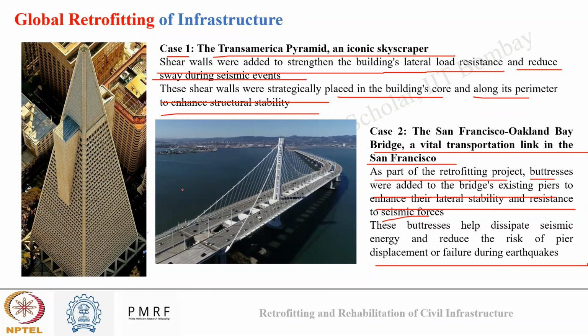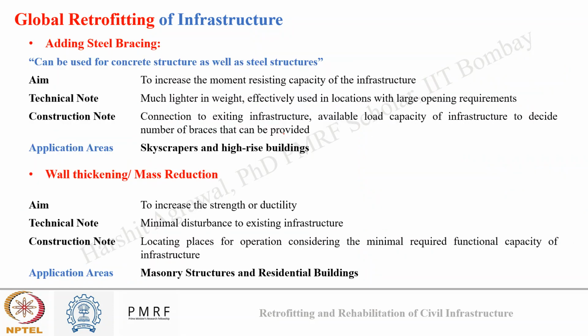So these are two major examples of special infrastructure where either adding shear walls or the use of buttresses was considered for seismic strengthening of the structures.